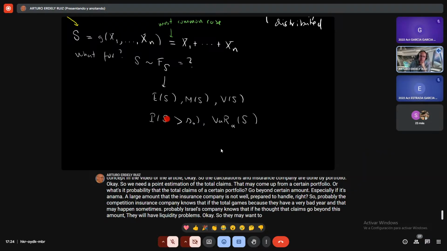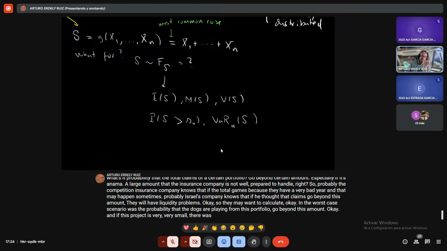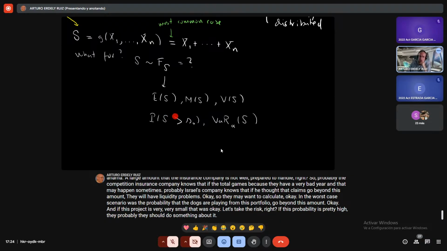So they may want to calculate, in the worst case scenario, what's the probability that the total claims from this portfolio go beyond this amount, okay? And if this probability is very, very small, they will say, okay, let's take the risk, right? If this probability is pretty high, they should do something about it, okay?